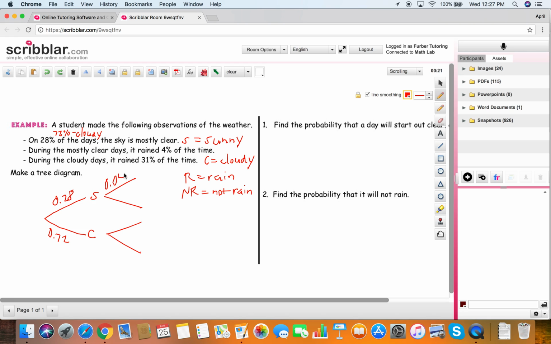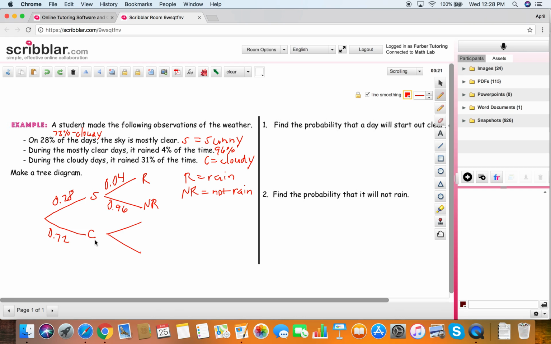So 0.04, which means that on sunny days, it's more likely to stay sunny. So if I do 100, that means that I would be left with 96% of the time it doesn't rain on those days. So 0.96. That's rain and not rain. It's not going to rain most of the time when it starts out sunny.